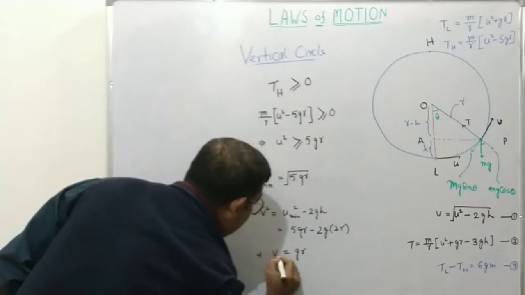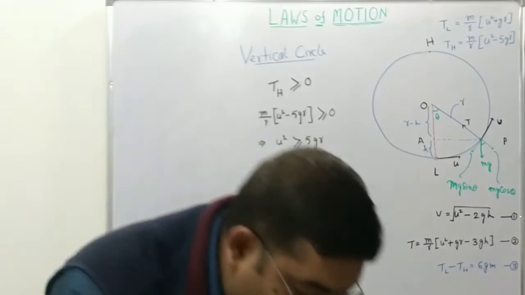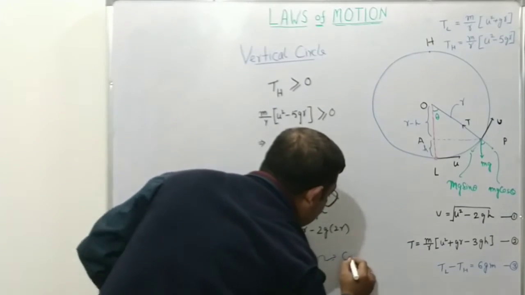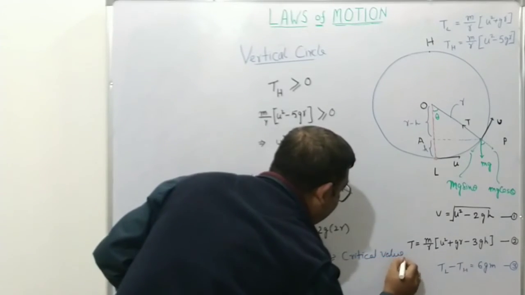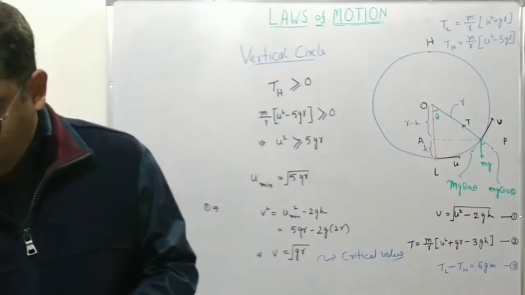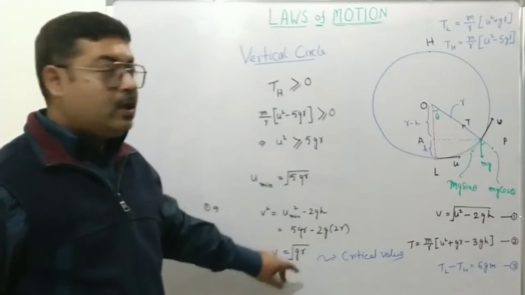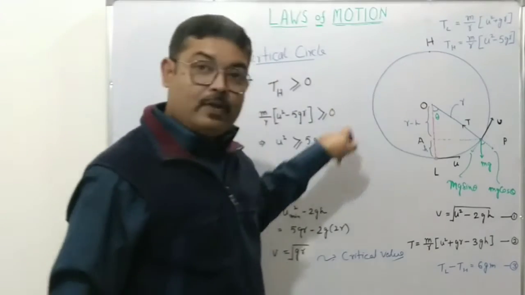This gives us v will be root over gr. This particular value of v is known as the critical value of velocity or critical velocity. This is the minimum velocity with which the object should reach the highest point to be able to traverse the vertical circle.